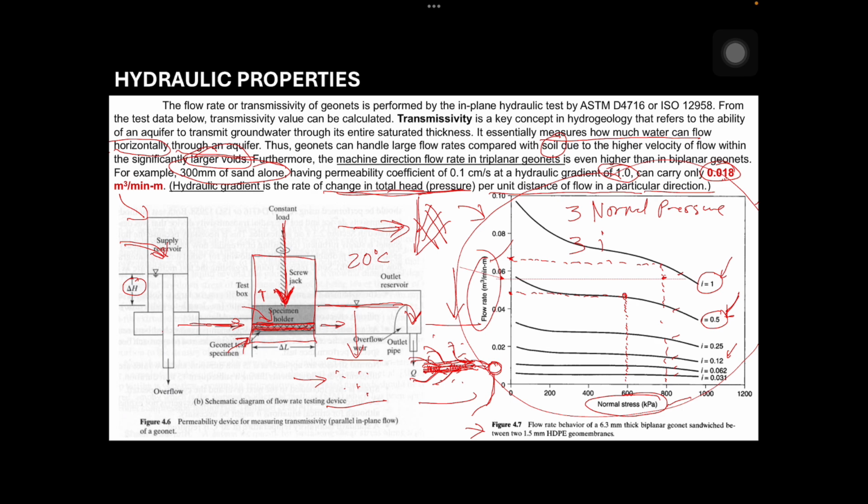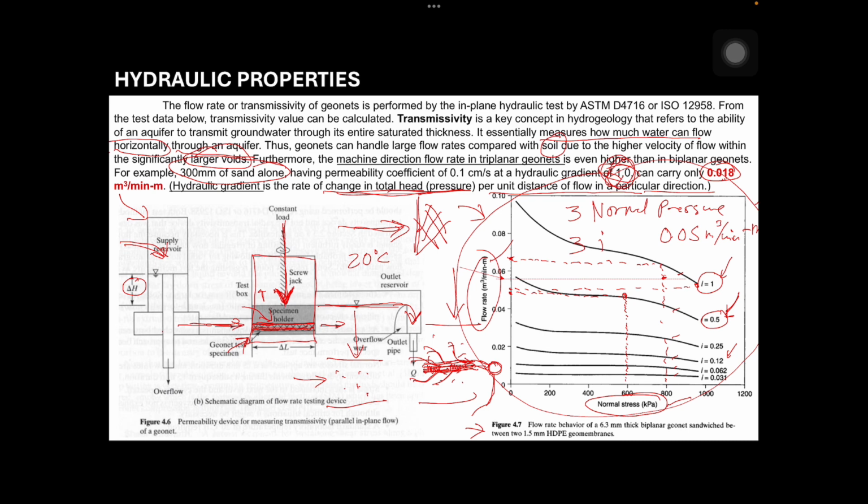For a specific geonet setup, geonet with geomembrane on top and bottom, for a gradient of 1, this is the lowest it can carry. The flow rate it can carry is about 0.05 m³ per minute per linear meter.